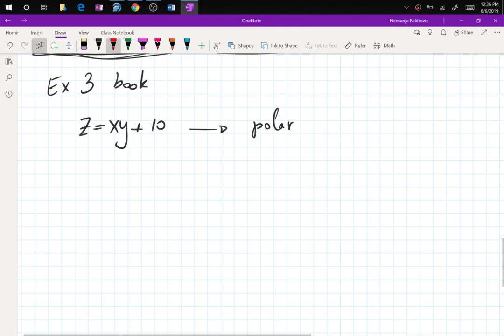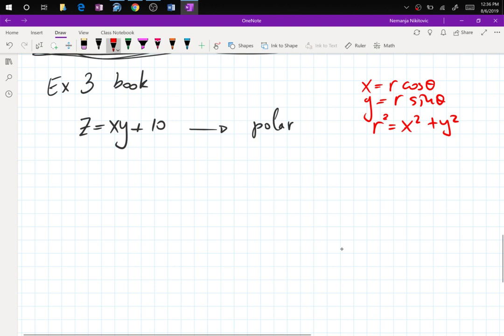So the formulas which you were supposed to remember from Calculus 2 are the conversion formulas between the 2 realms. x equals r cosine theta, y equals r sine theta, and r squared is equal to x squared plus y squared, from where r is a square root, obviously, if you want.